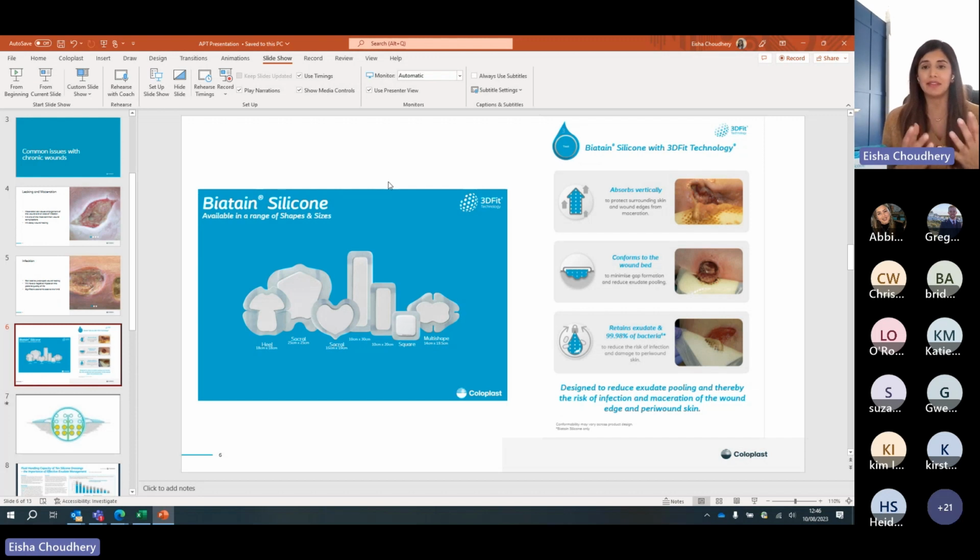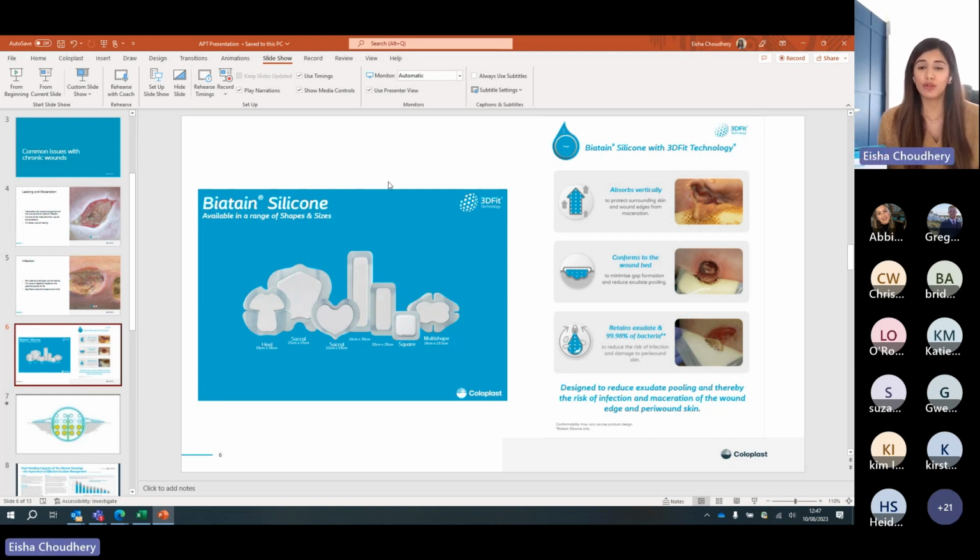What that basically means is that once a dressing is applied onto the wound bed and it comes in contact with exudate, it will absorb the exudate vertically rather than spreading across the wound bed laterally. That prevents the exudate from coming into contact with the peri-wound skin and the surrounding skin, and prevents the risk of maceration and leakage.